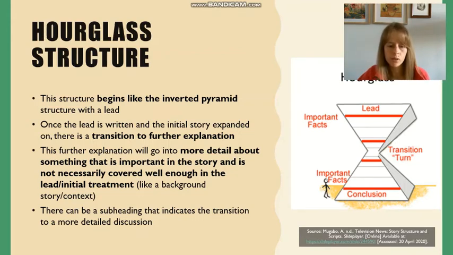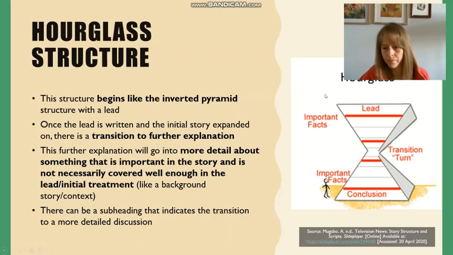Sometimes this could just be the context to the first story at the top, or like a background story. Alright, so it's more information that the journalist feels the reader needs to know in order to understand the context for the beginning story, or it could just be further information like a smaller story that is connected to the first story that's discussed. Okay, so I know this is quite confusing, but I'll take you through an example in a bit.